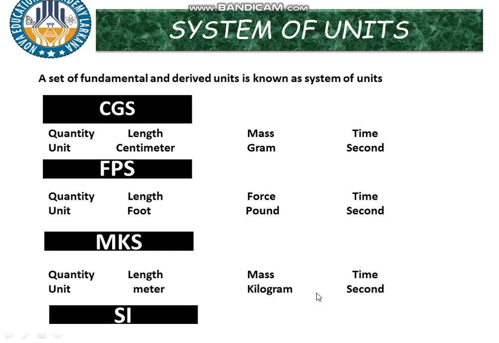The SI system, the international system, was devised in 1960 after the agreement of the scientists of the world, because there was some confusion and problem in the CGS and FPS as far as electrostatics, electrodynamics and electromagnetism are concerned. There was a variety of measurements, so the scientists decided to form one system. The name of the system was SI system.